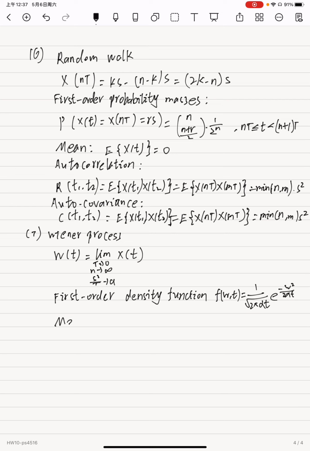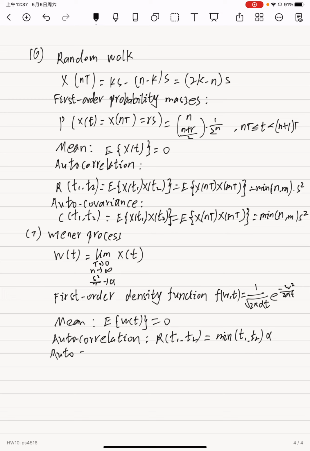And the mean is E[W(t)] equal to 0, and the autocorrelation is R(t1, t2) equals alpha min(t1, t2), and the autocovariance is C(t1, t2) equals alpha min(t1, t2).